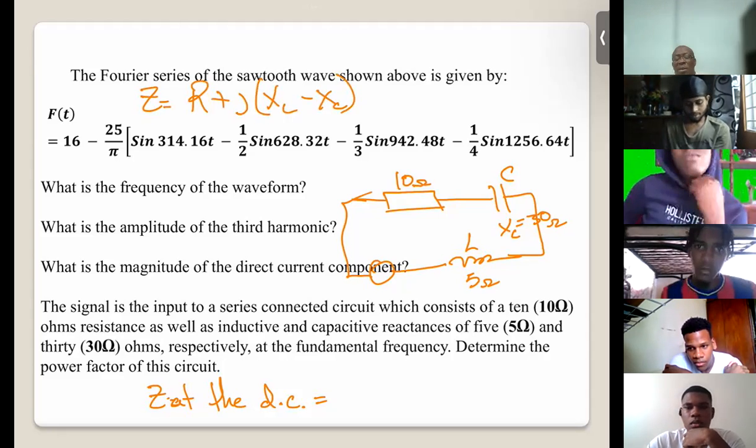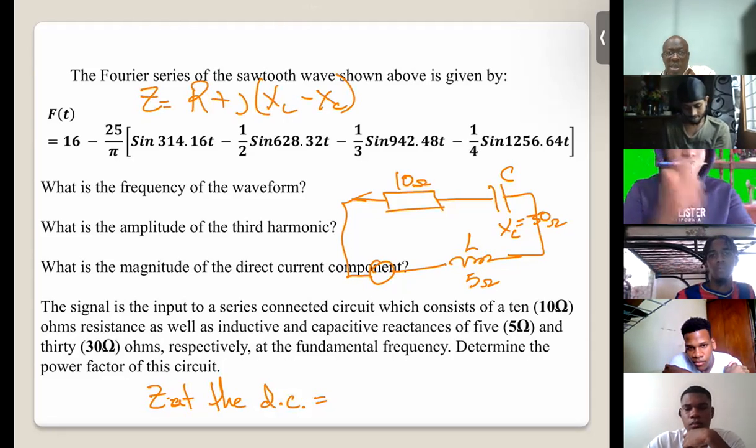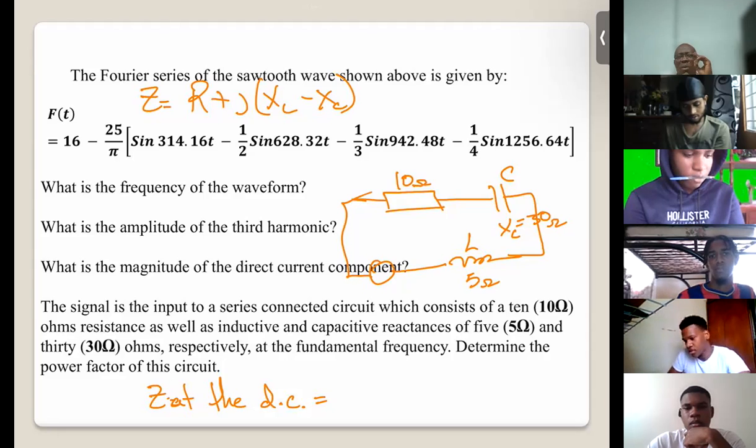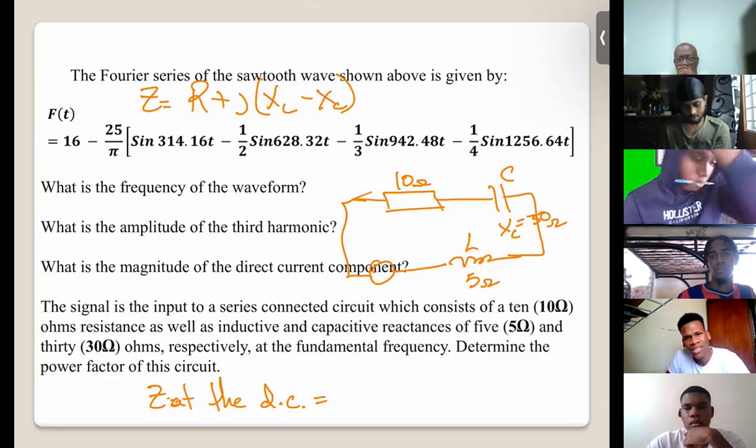Remember, we're reasoning. So we said that at the DC, the frequency is 0. Good? Yes, sir. So at DC, what would R be equal to? 10, sir. Good. What would XL be equal to? 0.